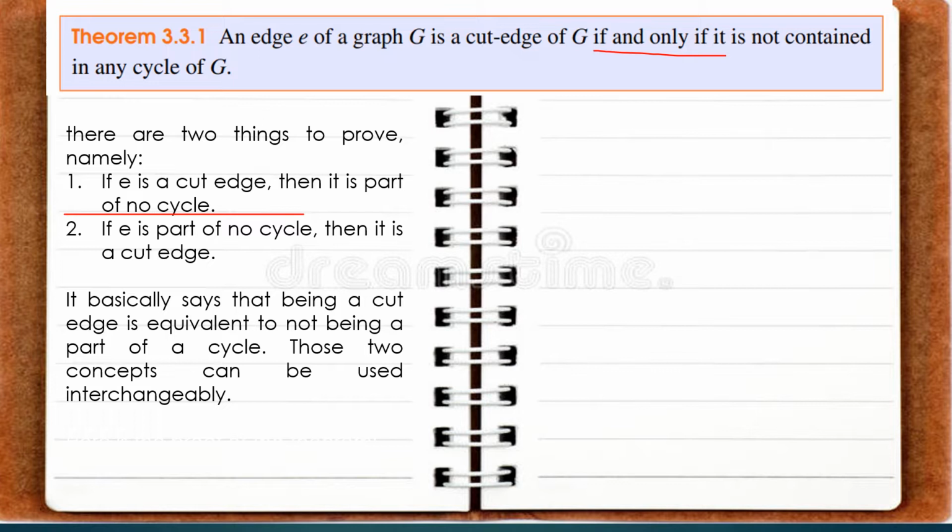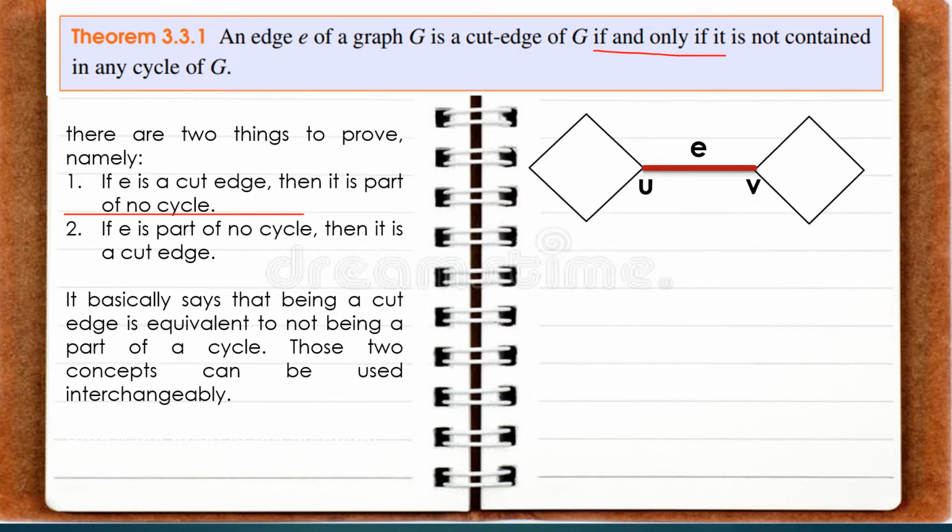So based on the given condition, E is a cut edge. If you can still remember, we discussed what a cut edge is in our previous video. If E is a cut edge, then removing E from this graph will result in a disconnected graph.